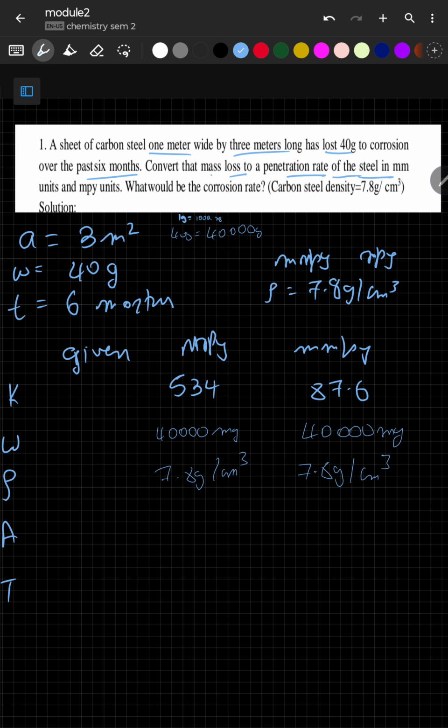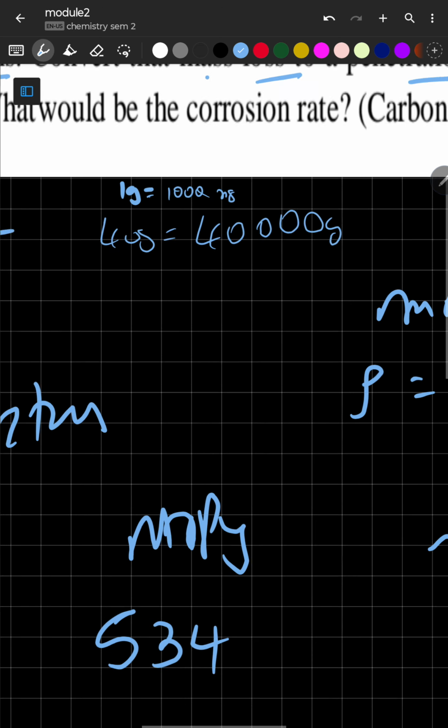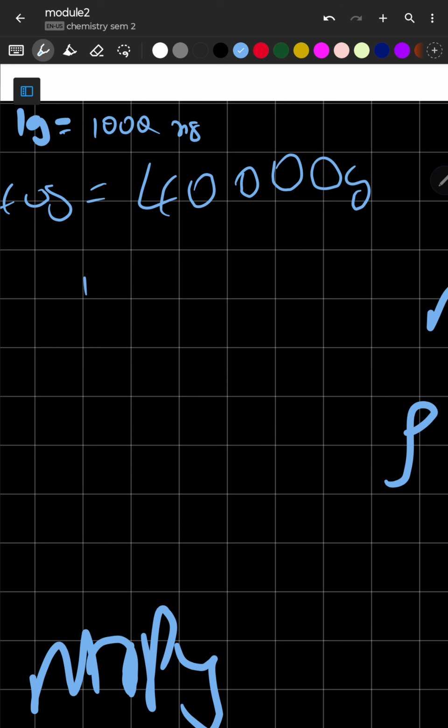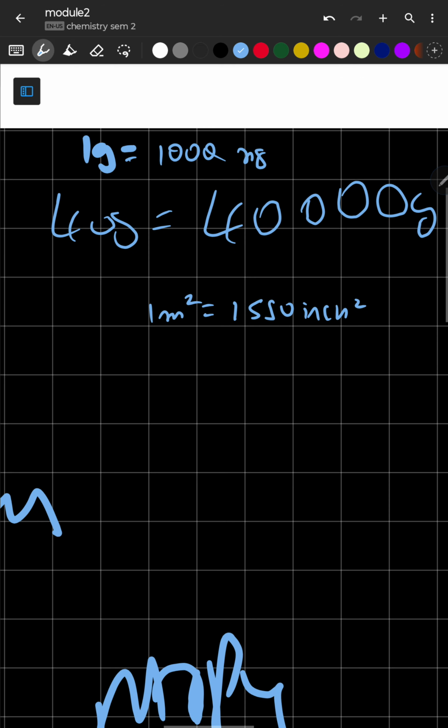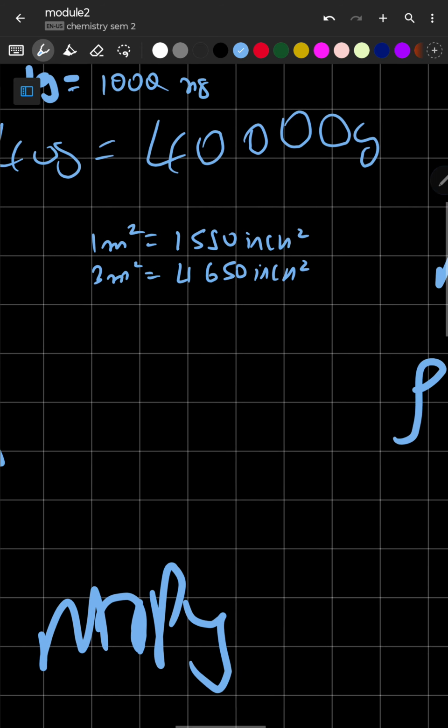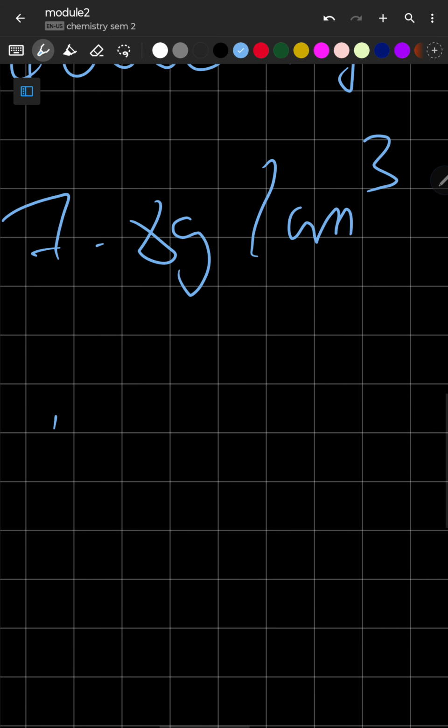Area has to be in inches, but now this is in meter square. So 1 meter square is 1550 inch square. They have given us 3 meter square, so 3 into 1550 is 4650 inch square.